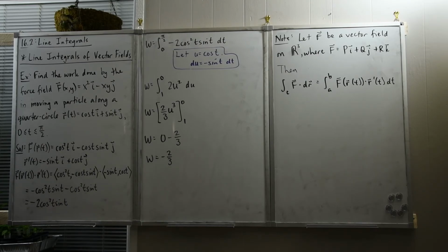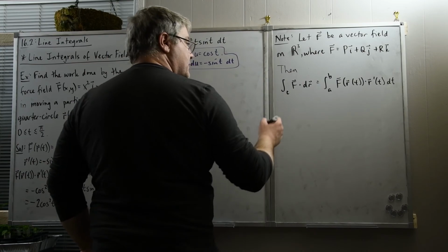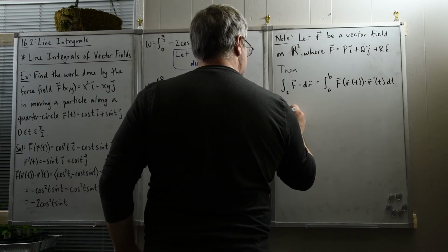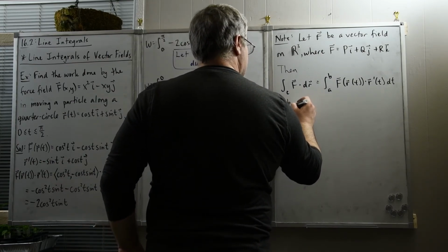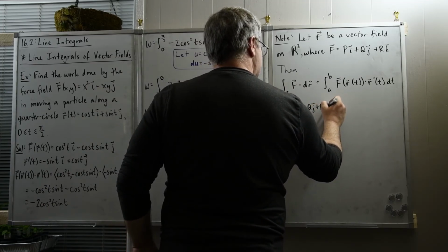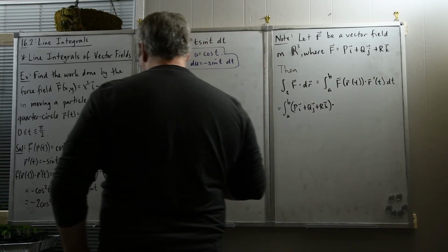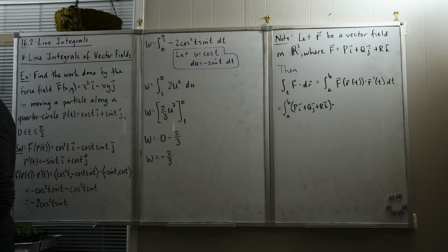But remember what F is. F is this Pi plus Qj plus Rk. And we're dotting that with r prime of t dt.